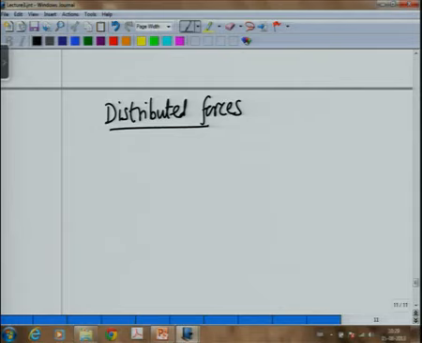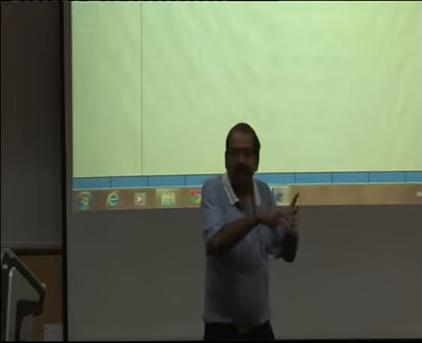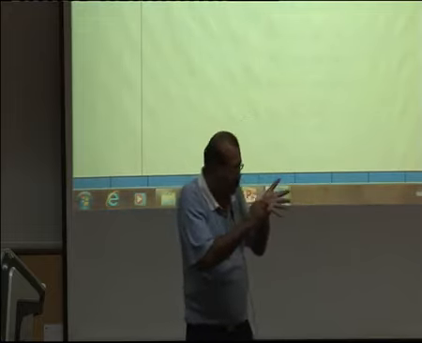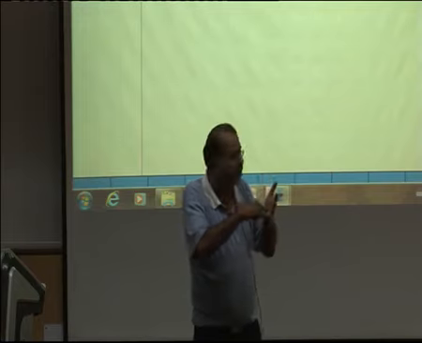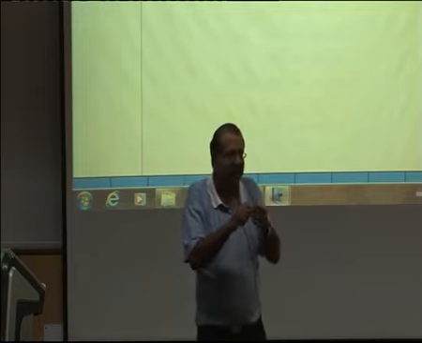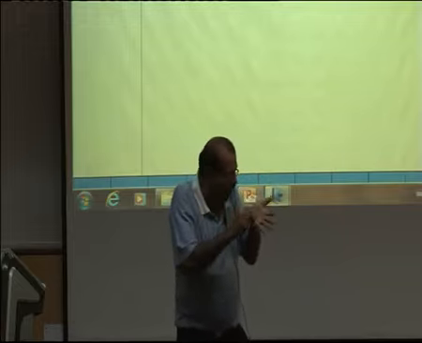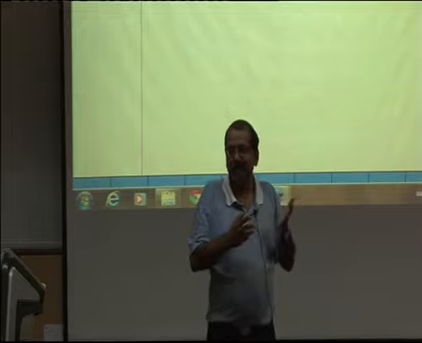Even when I talk of the finger applying a force on my hand, for practical purposes I say that this is acting at a point, but if I magnify the area where the finger is touching the hand, it is actually a finite area, and then I have to look at the force per unit area being applied on small areas on the hand.